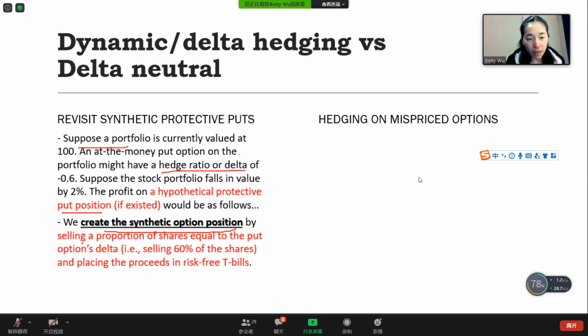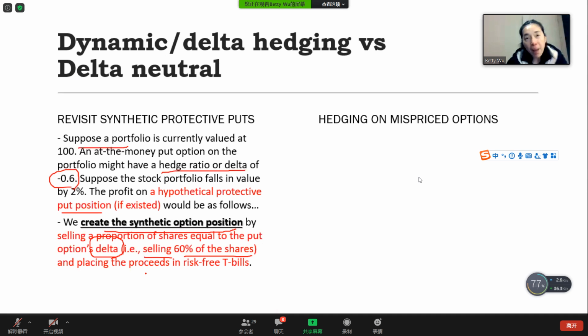So how would you do that? You can sell a proportion of shares equal to the put option's delta. And you see that this is minus 0.6. So selling 60% of the shares, what's left is 40% of the shares. And then you use the proceeds from selling 60% of the shares to buy the same amount of risk-free assets.